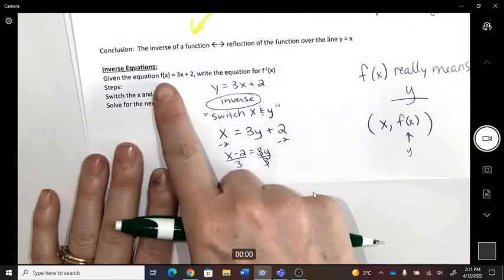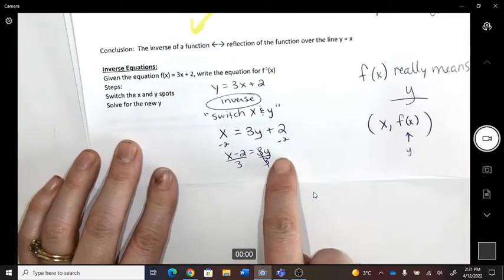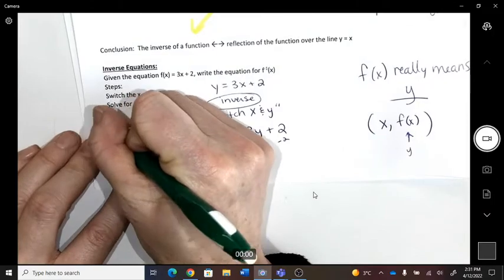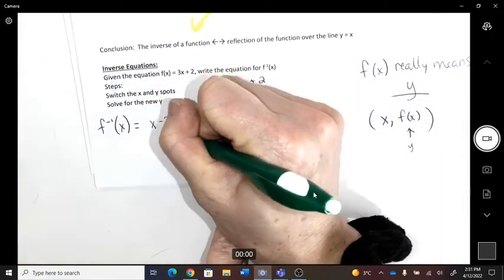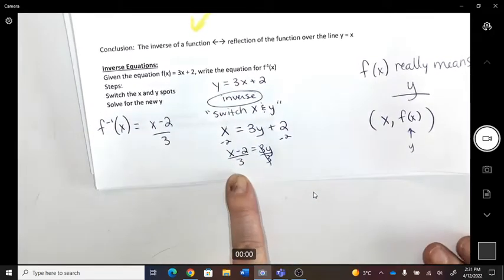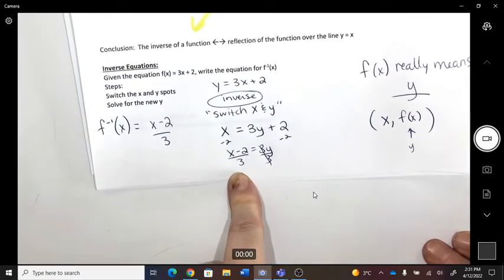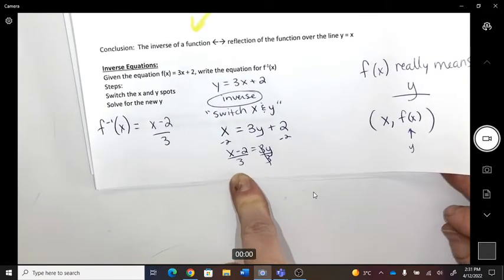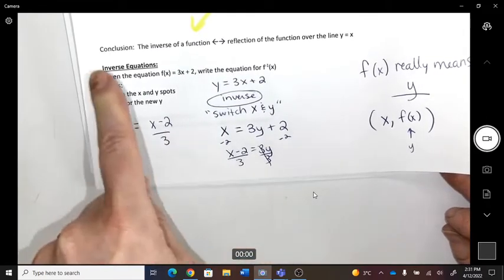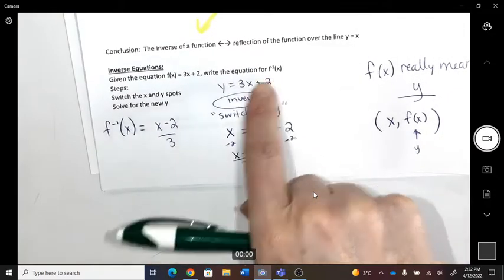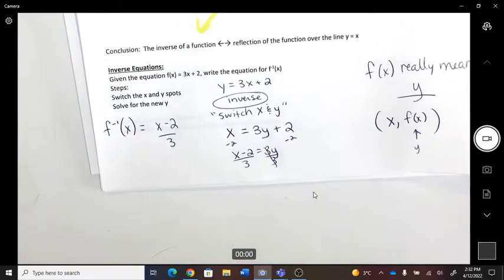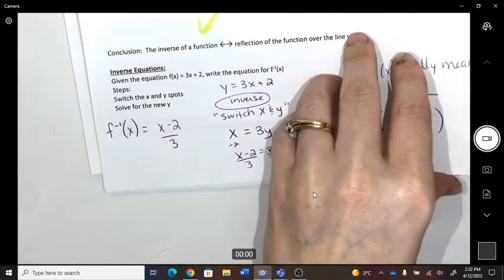The original was f of x. So now this is f inverse of x equals. Okay, so the steps were making sure you switch the x and the y. That's the new function. Yep, write the equation for the inverse. So switch x and y, and then get what your new y is going to be.